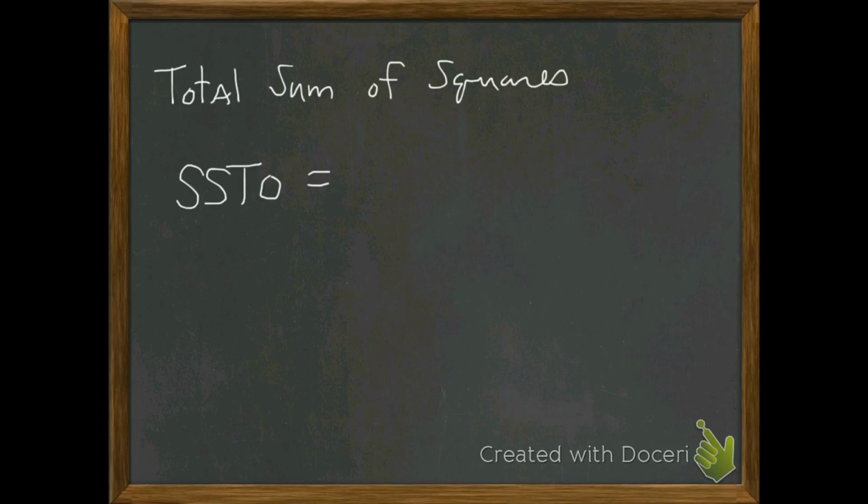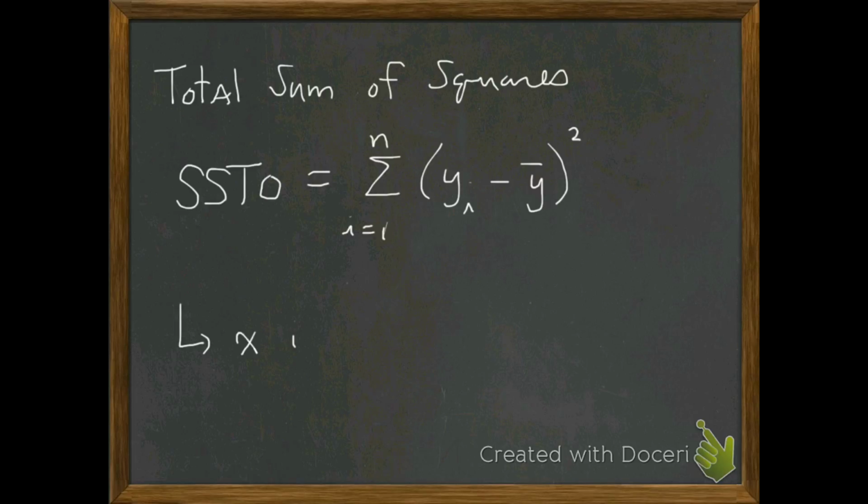And the sum of squares total is nothing more than the sum from i equals 1 to n of the variations that we see in y quantity squared. Notice in this situation, x is not considered.